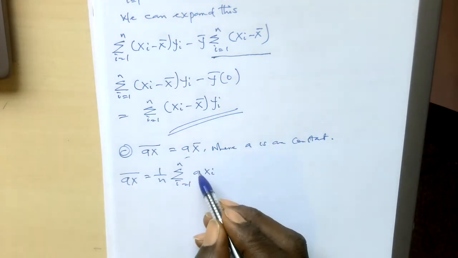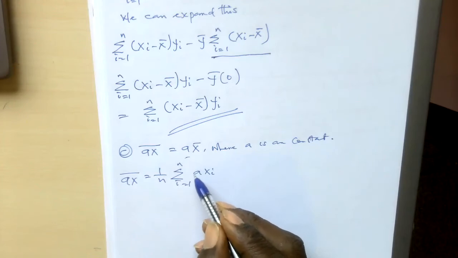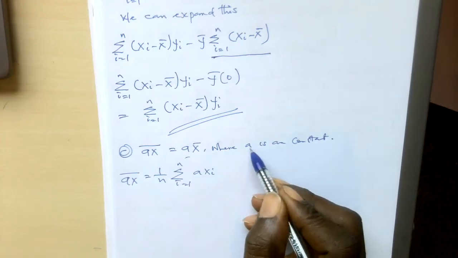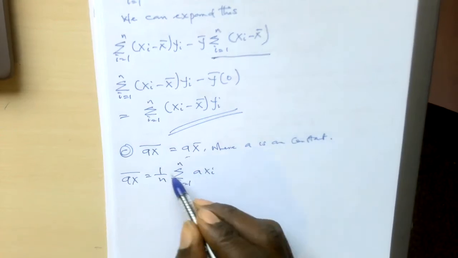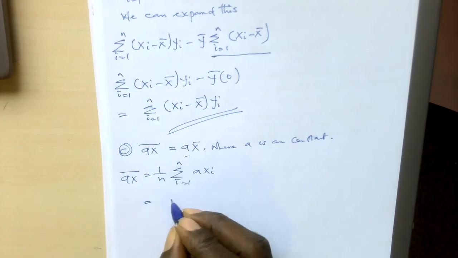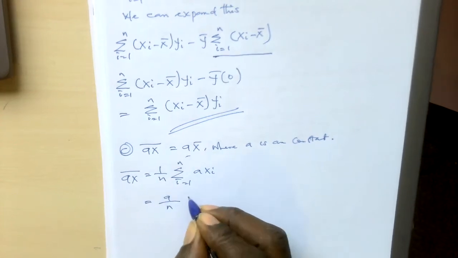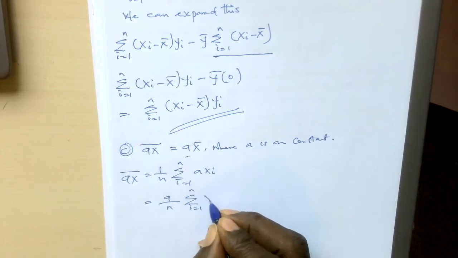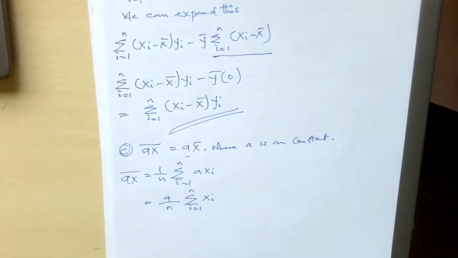So now there is no bar on this a again. Now it becomes a constant, right? A is a constant, so we can bring this a out of this summation sign. So that would be a over n summation i equals 1 to n of xi.